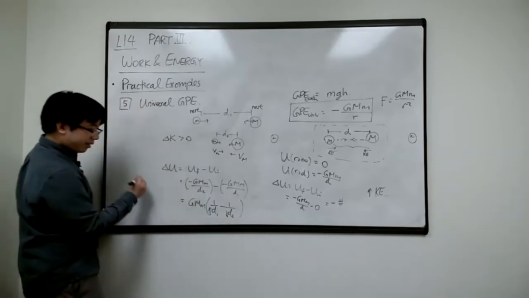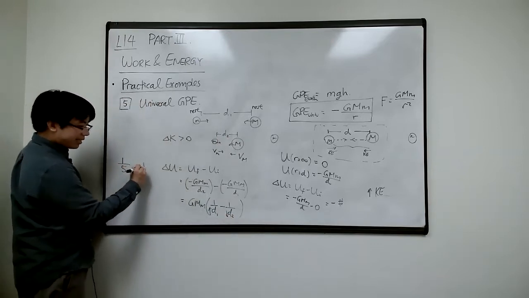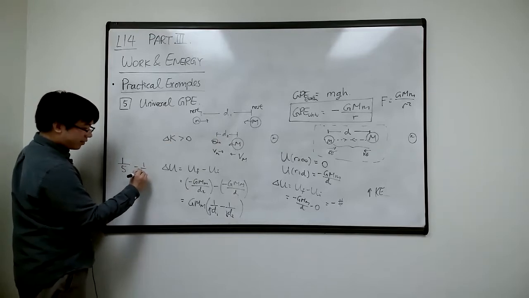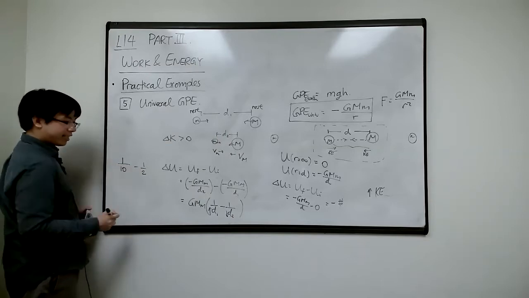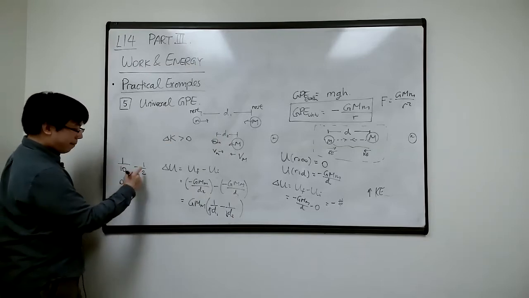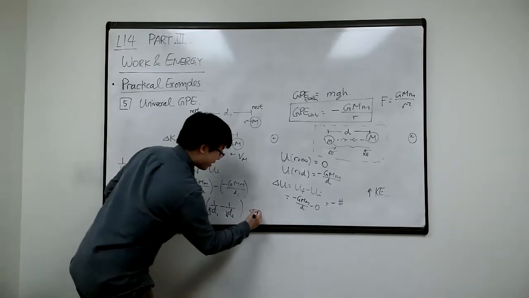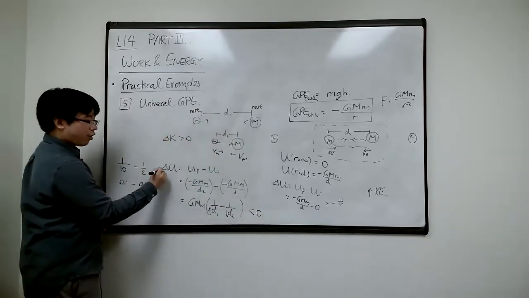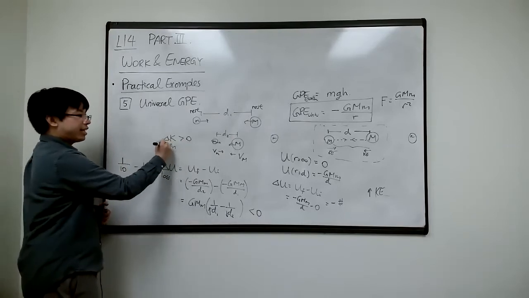So if you plug in some numbers, say I make this 10, so I have 0.1 minus 0.5, this will be negative, right? So this is definitely a loss. We lost gravitational potential energy and we gained kinetic energy.